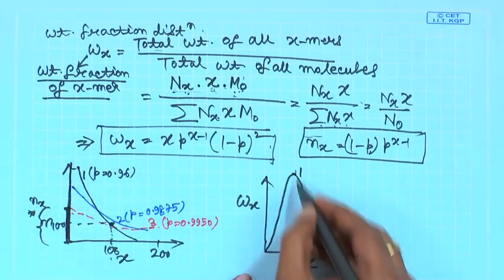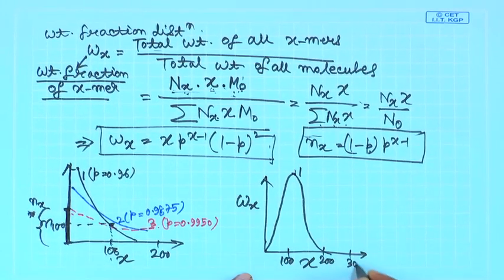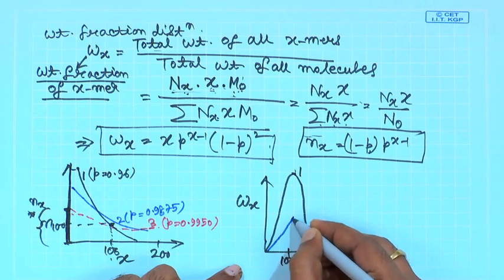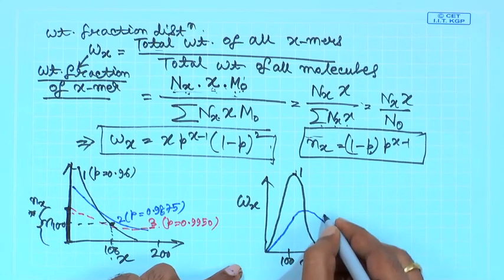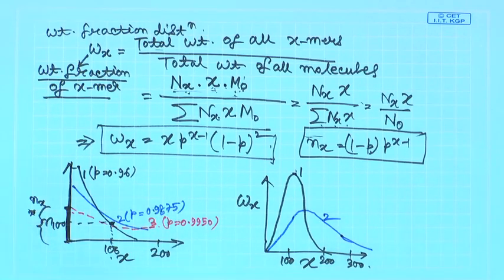Approximately, this will be like 100, this will be like 200, 300, and so on, and this will be for curve 2. Curve 2 corresponds to this, and this will be for curve 3.